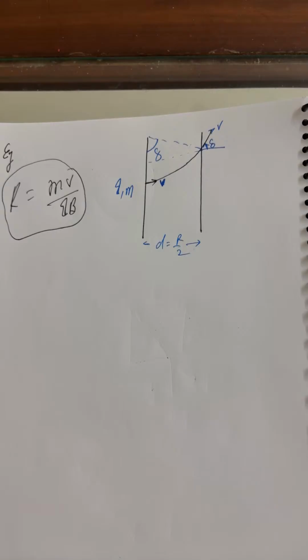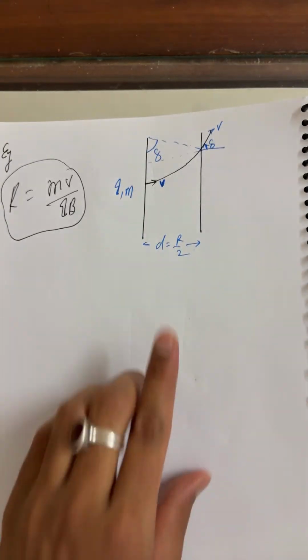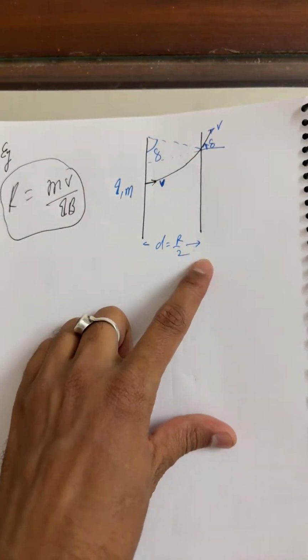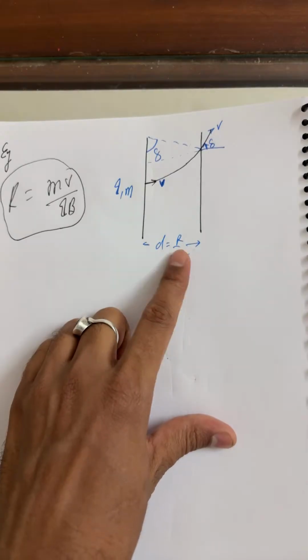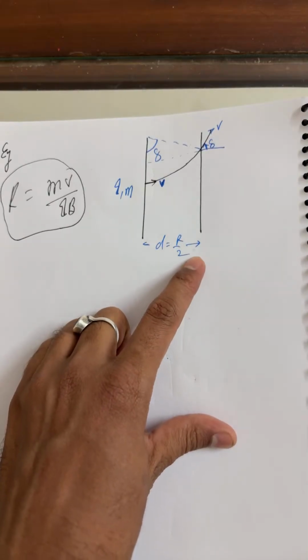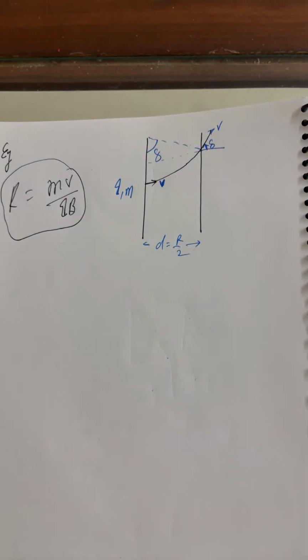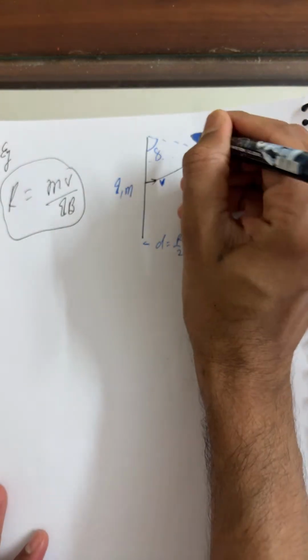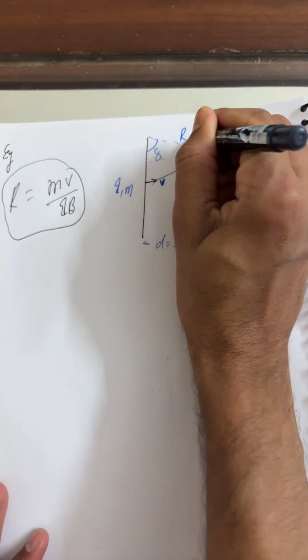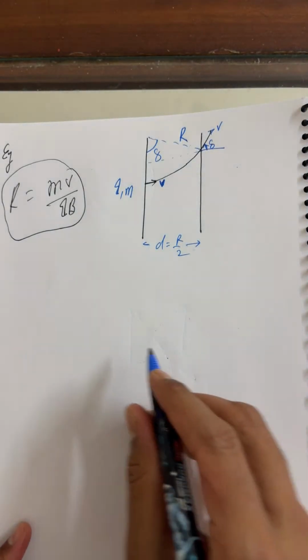The width of the magnetic field region, D, is R by 2, as mentioned. So we have to find the angle of deviation. This is the perpendicular upon the base, and R is the radius.